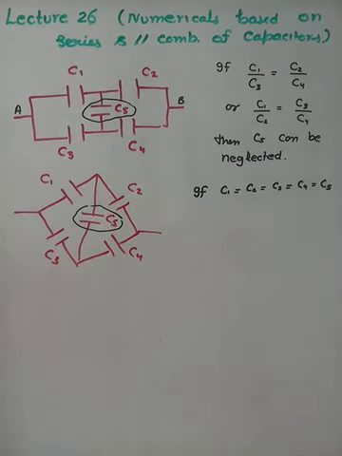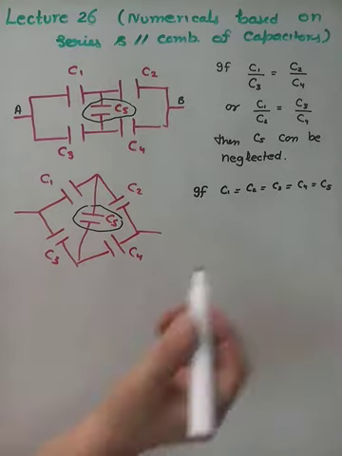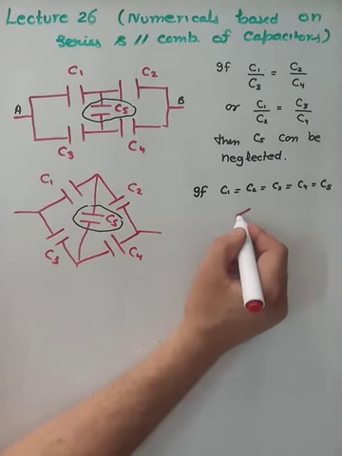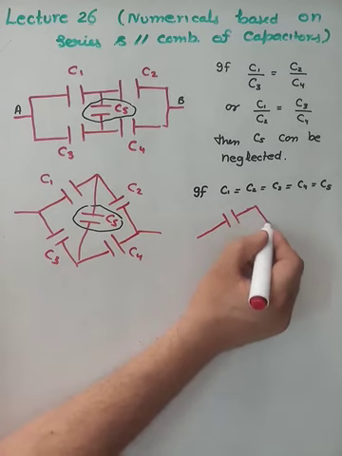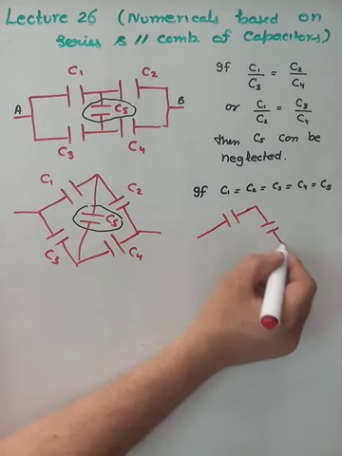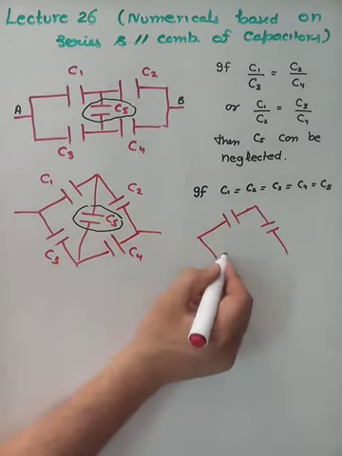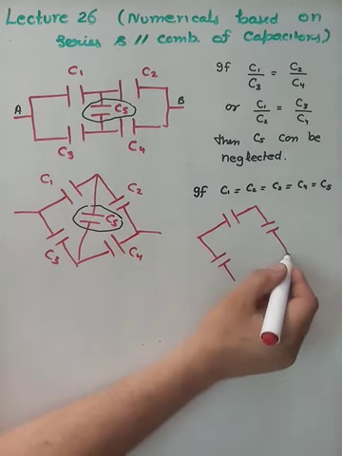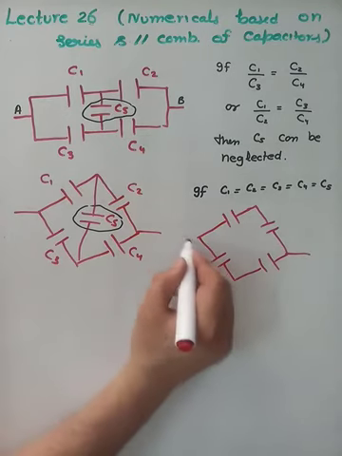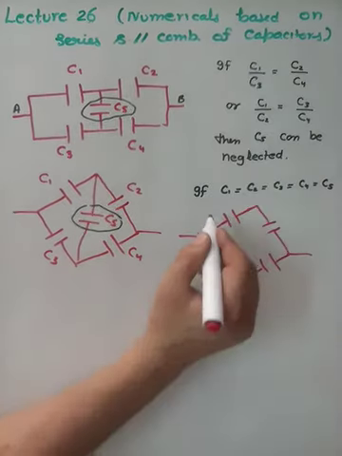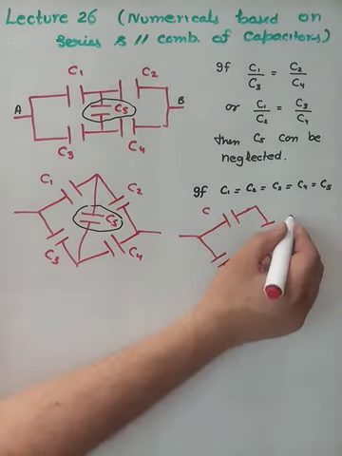If we neglect this C5 capacitor, then we have an arrangement like this. Now all these values are C, C, C.